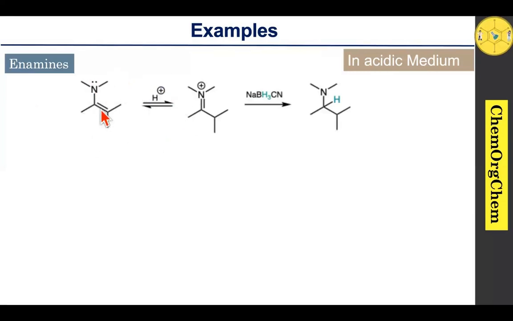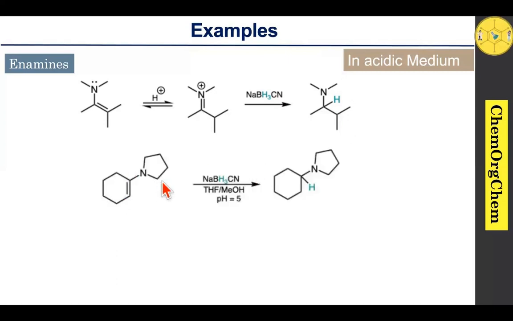First, consider this example. We already know that an enamine in the presence of acid quickly converts into the corresponding imine form. So this enamine-imine tautomerism is present at equilibrium. Therefore, when you apply sodium cyanoborohydride, the enamine converts into the imine form, which is quickly reduced into the corresponding amine compound.